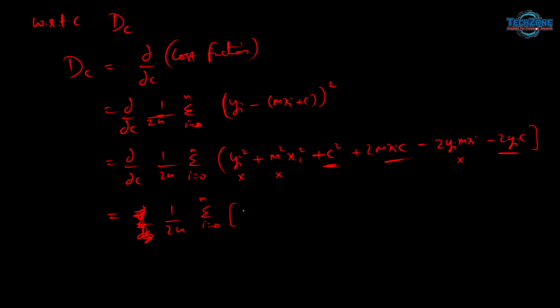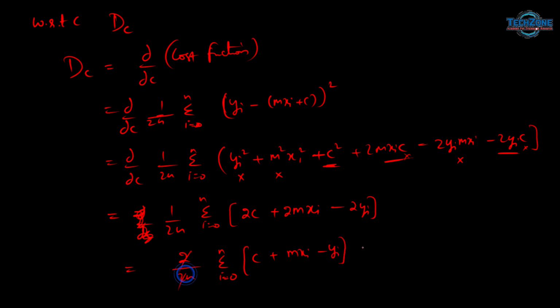What are those 3 terms now? c square will become 2c, plus this c will go off, 2mxi minus 2yi. So this c will also go, only 2yi will be remaining. If you take 2 common, sigma i equals 0 to n, it will have c plus mxi minus yi.